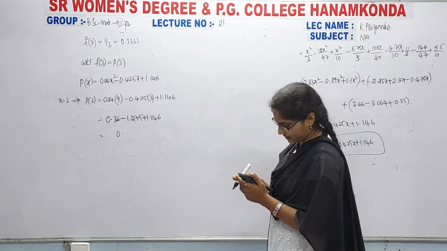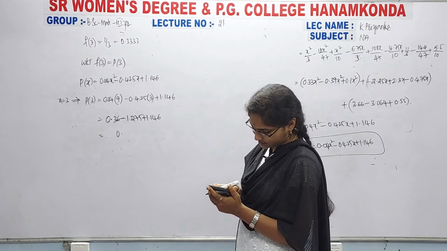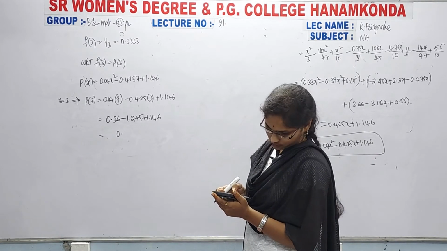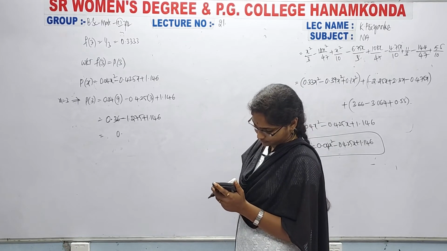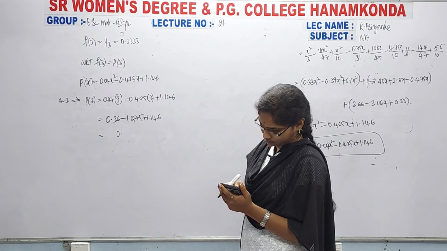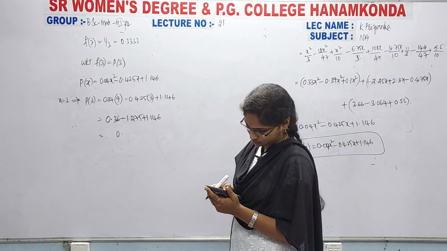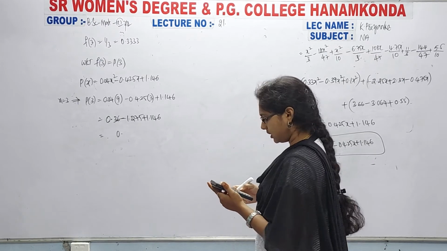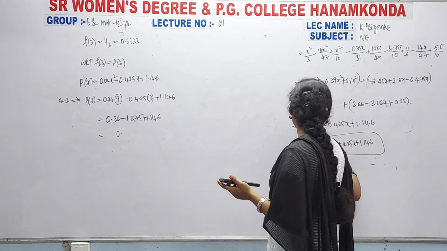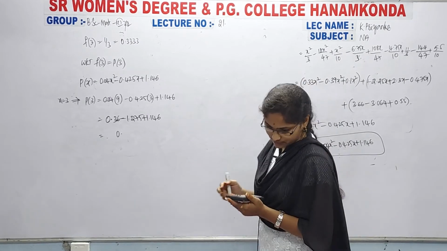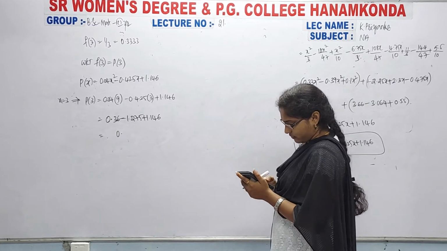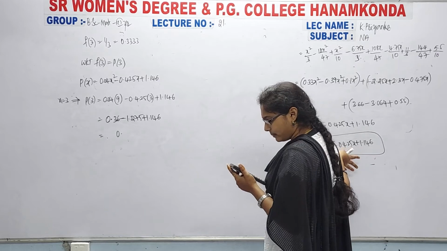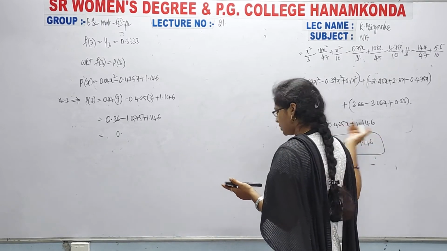They gave the ratio 35 by 88. 35 divided by 88 is 0.3977, so approximately 0.4. The next value is 49 by 44. I am just checking whether my polynomial equation is correct or wrong. It is 1.1136, but I have 1.146.